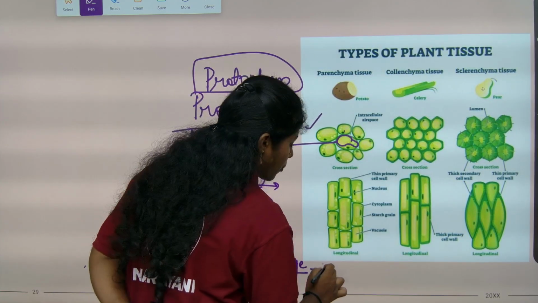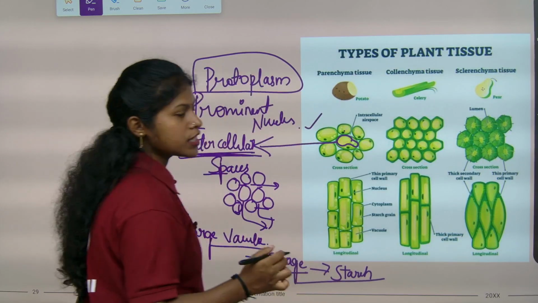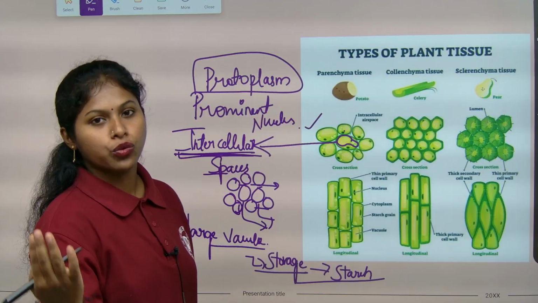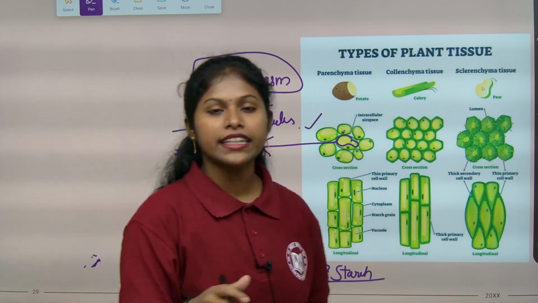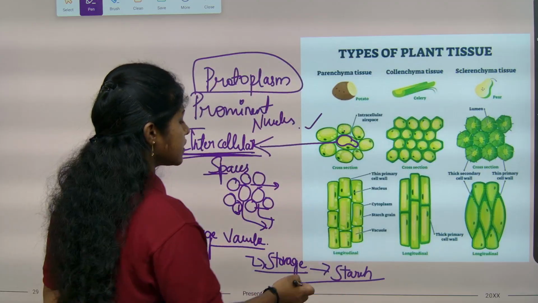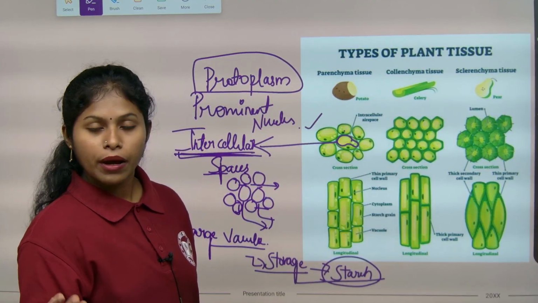The starch in the potato tuber, where the material is stored, is parenchyma tissue. It is a primary tissue covering the entire plant body, children. It is an abundant tissue present in the plant. So the example here is the starch in the potato tuber, mainly composed of parenchyma tissue.